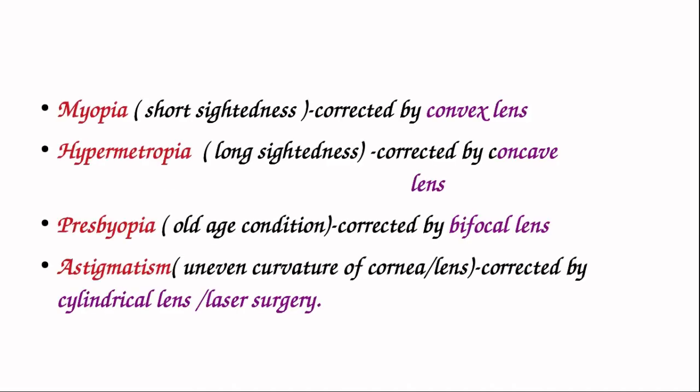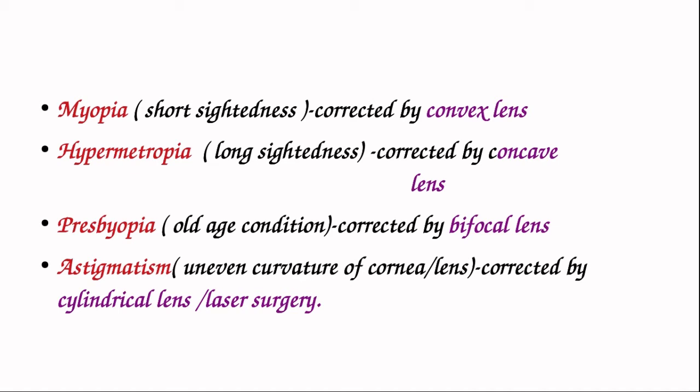Okay. In your textbook, a few eye defects are given, and you are asked to fill in some dots given below. The first one was myopia, and you know what myopia is? It is short-sightedness.